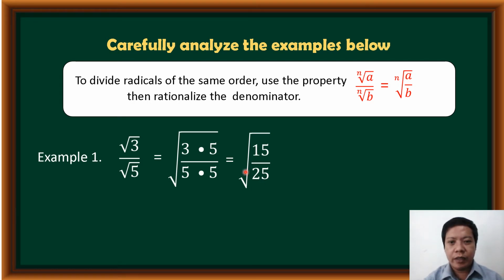Okay, we're going to find the square root of 15 over 25. So remember that our denominator is 25 and this is a perfect square number. Therefore, the next step will be square root of 15 over 5, because square root of 25 is equal to 5, and this will be our final answer.